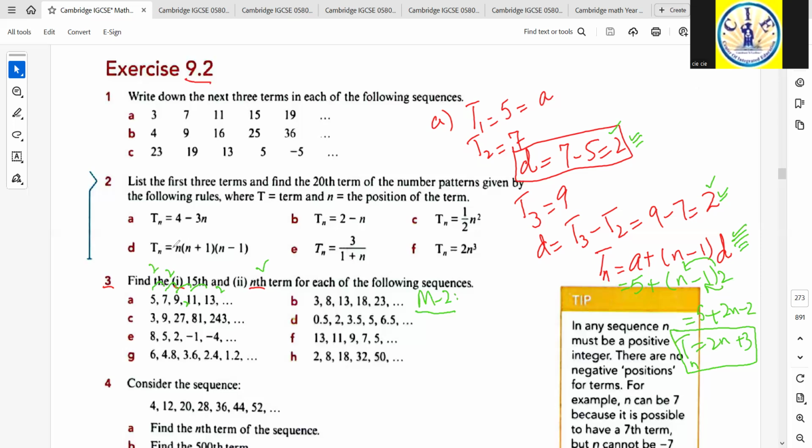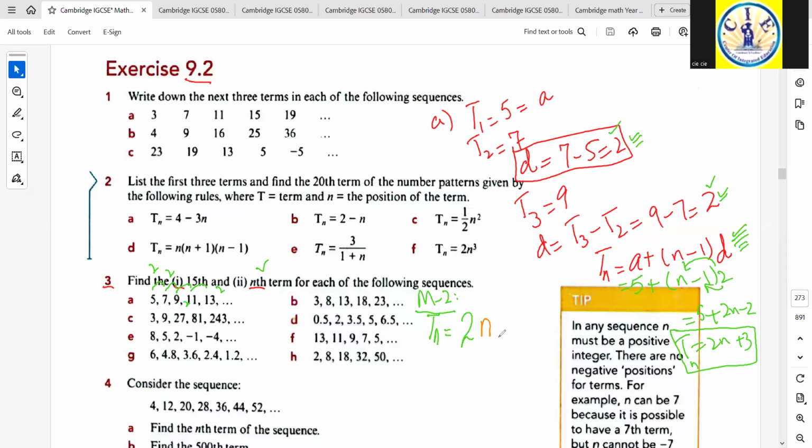Every two consecutive terms have the same difference, which is why it is known as an arithmetic sequence. Whenever we have an arithmetic sequence, the nth or general term is given by the common difference, and we multiply that common difference by n, which stands for the number of terms.